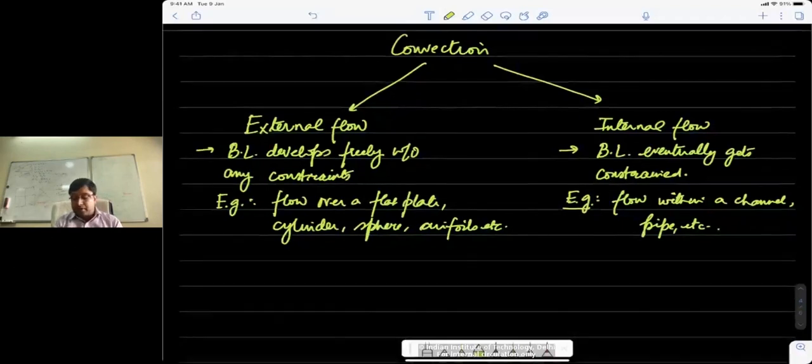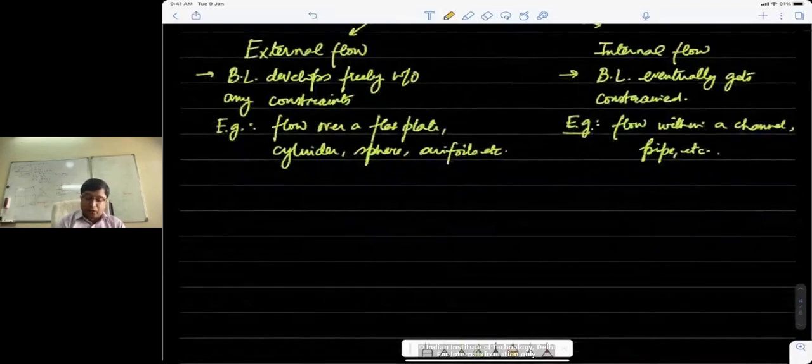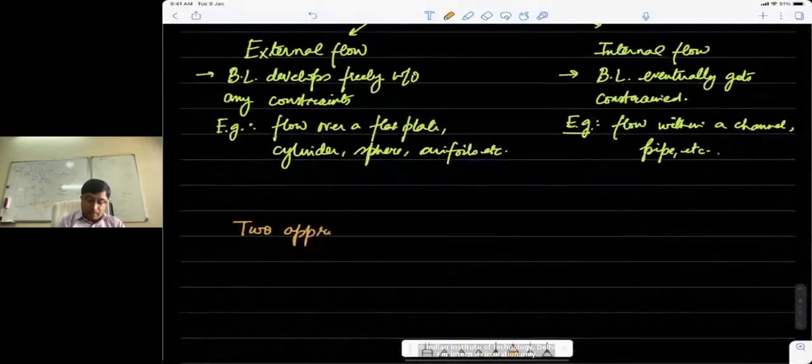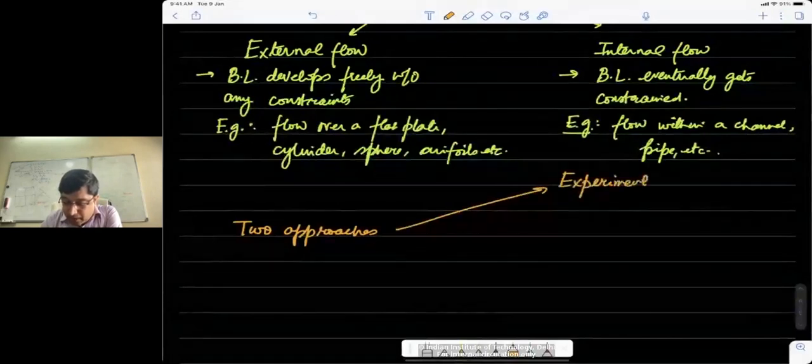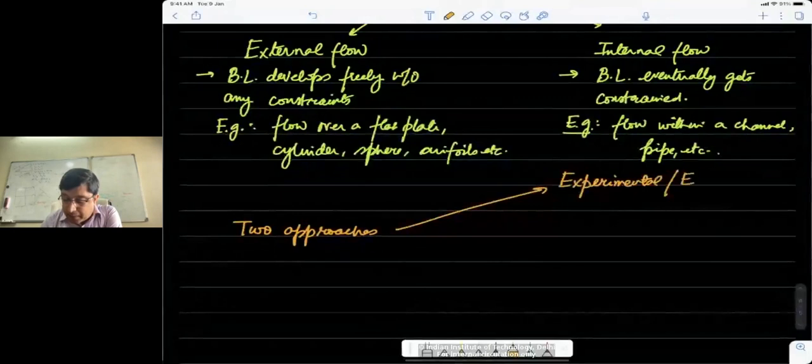So there are two approaches to get these heat transfer coefficients, two approaches that are used in practice. One approach that we will very heavily rely on is the experimental approach, and this is also sometimes called the empirical approach.